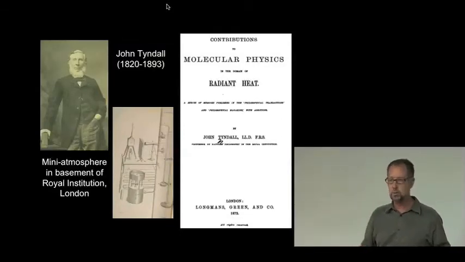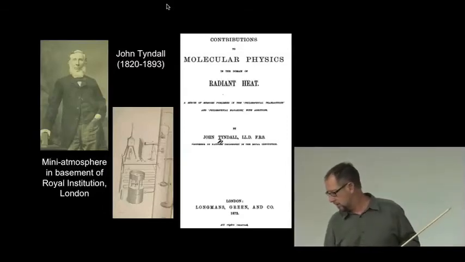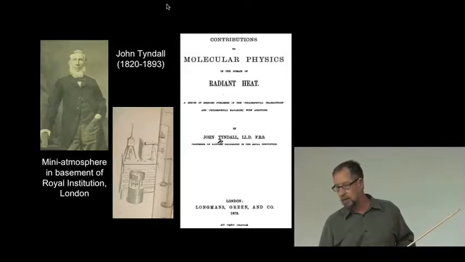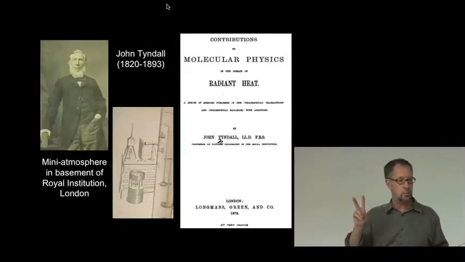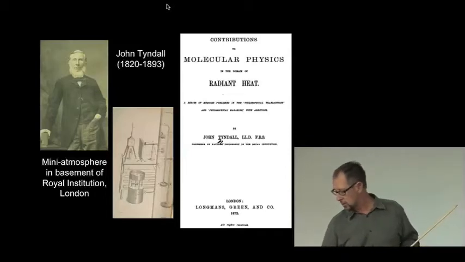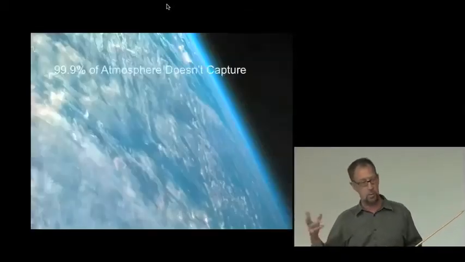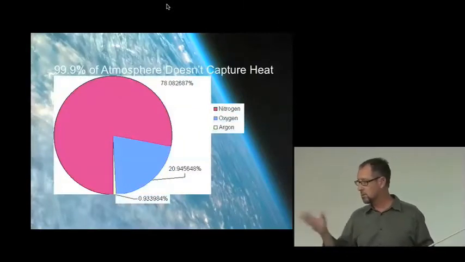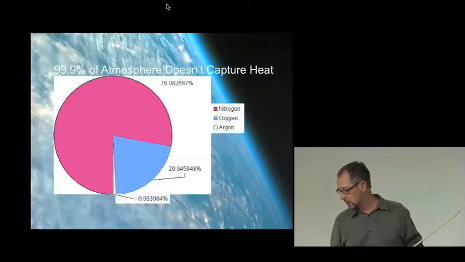He did a lot of his research in the 1860s. Contributions to molecular physics in the domain of radiant heat. And he focused on two particular gases which he determined absorb infrared heat, carbon dioxide and water vapor. These are what we now call greenhouse gases, really incredibly important to the understanding of the balance.